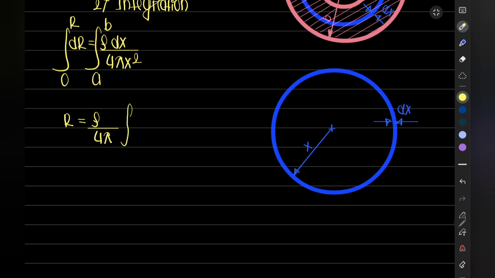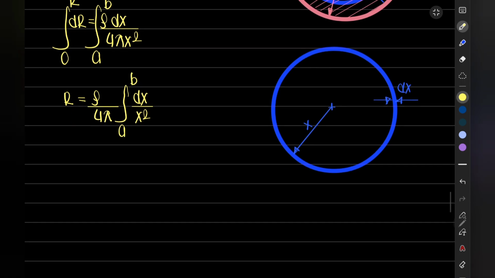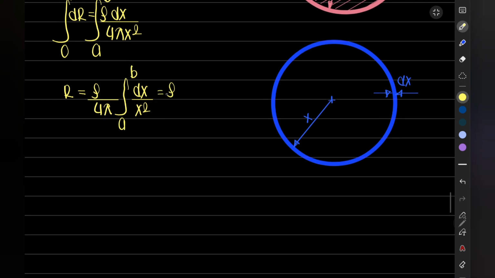Now we want to integrate dx upon x to the power 2, limits from A to B. So rho upon 4 pi, integration from A to B, x to the power minus 2 dx.